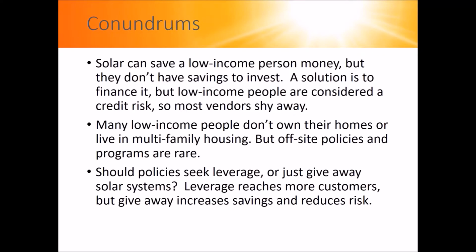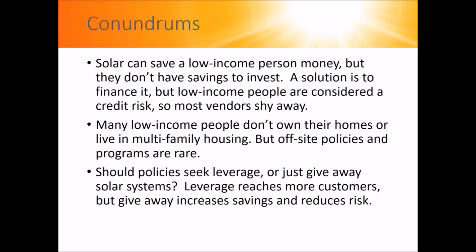On the other hand, with low-income customers, it can be difficult to leverage the assets of a low-income person because they don't have many assets. So in some programs, they simply give away or fully subsidize solar systems. And that reduces risk for sure and increases the savings for those households, but it also reaches very few households.